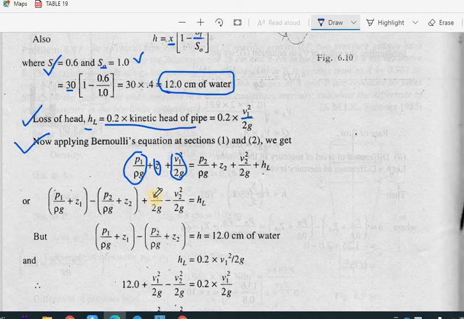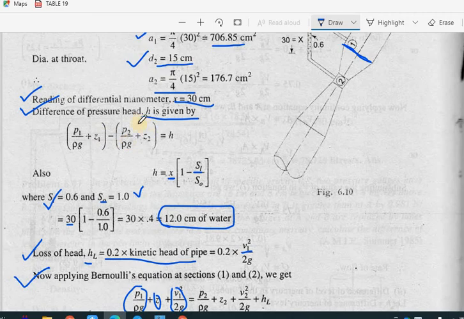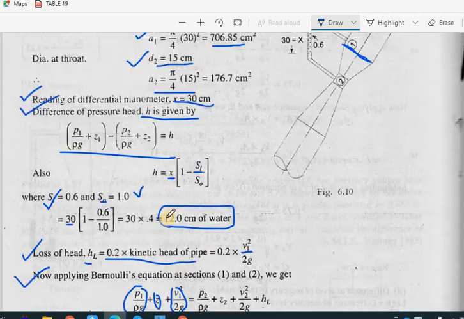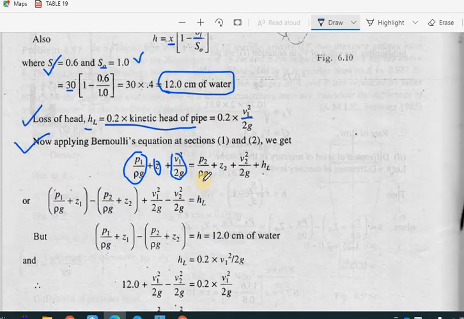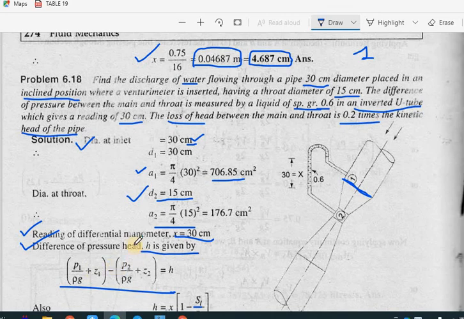From here we can calculate, taking the pressure terms on one side. So P1 by rho g minus P2 by rho g, or you can use this equation as your formula: P1 by rho g plus Z1 minus P2 by rho g plus Z2, together.